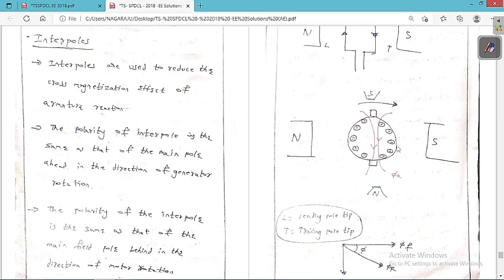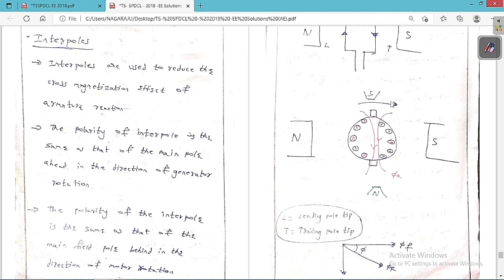And one more important point in a generator: as I am going to rotate in this direction, this is the south pole. Whatever the main field pole polarity is at the head in the direction of rotation, listen carefully, the polarity of the interpole is the same.